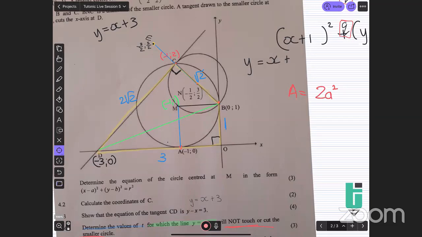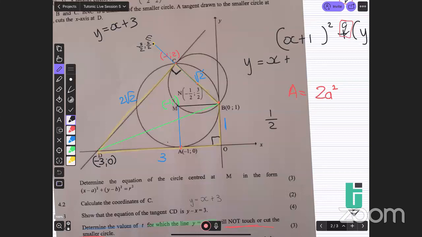So the area is going to be a half of, okay, guys, so talk to me. Let's do this triangle first. So it's half of the base times the height.